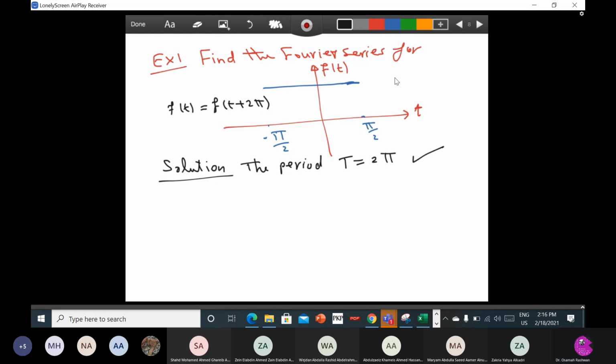Then decide whether the function is even. Why is it even?